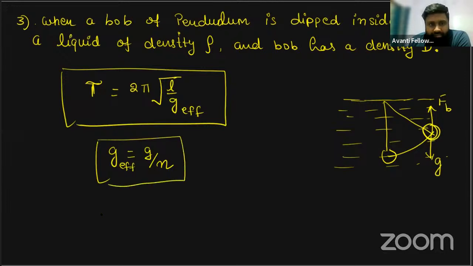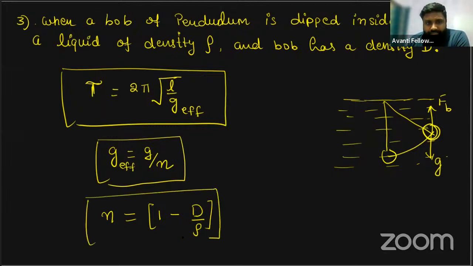And what is n? So n you can say is 1 minus density of solid divided by density of liquid. Okay. So you can put it here and you can calculate. Got it? So the value of g you will see here will be reduced.